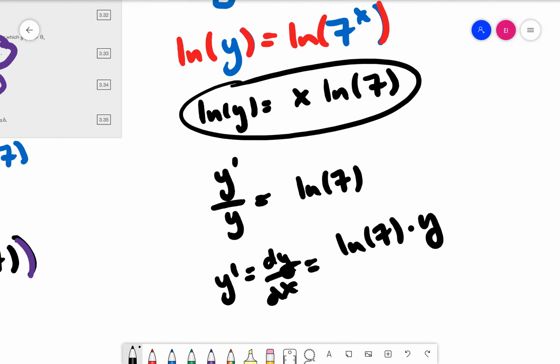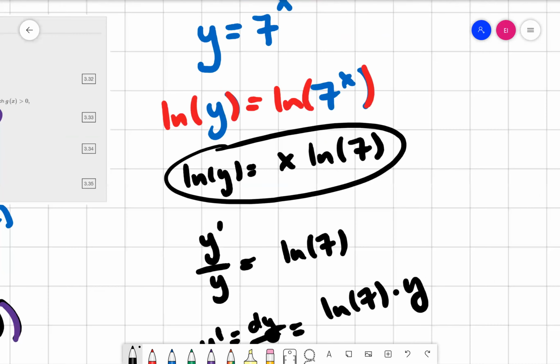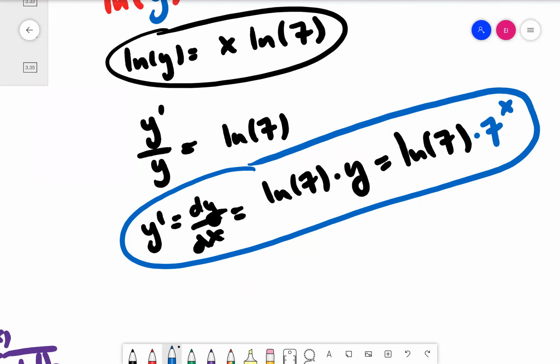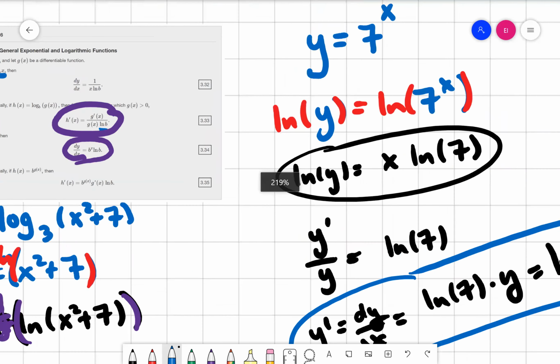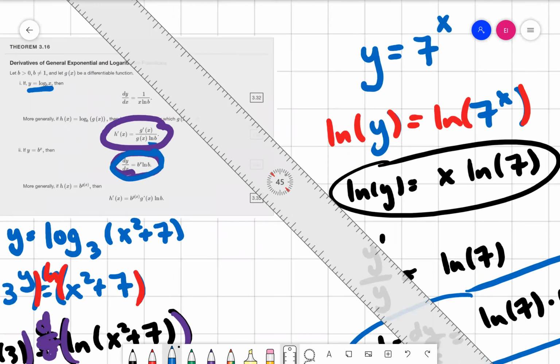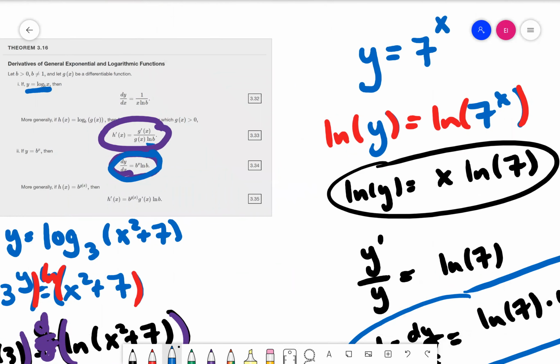But what was y? y was 7 to the x. So this is natural log of 7 times 7 to the x. Okay, and that's exactly what the law says. If you're taking the derivative of y equals b to the x, then the derivative is going to be b to the x times natural log of b.